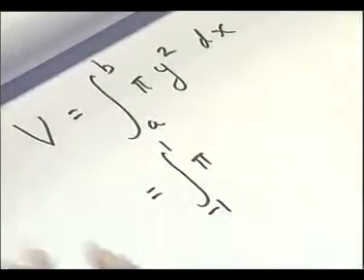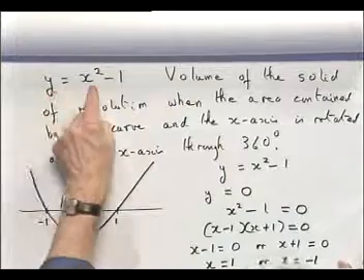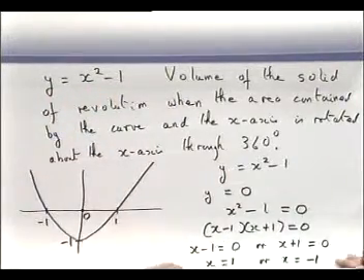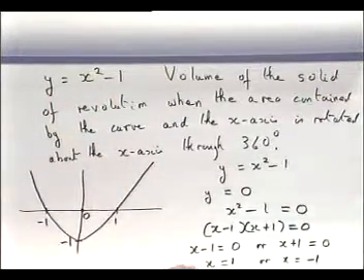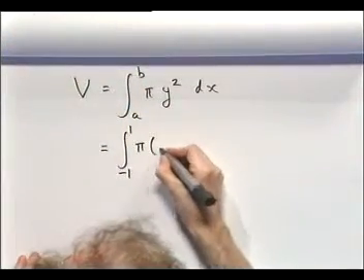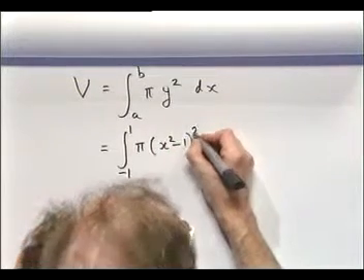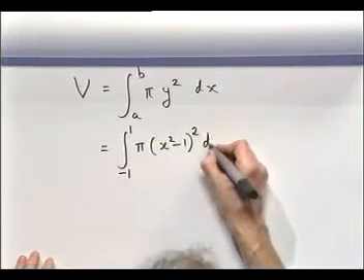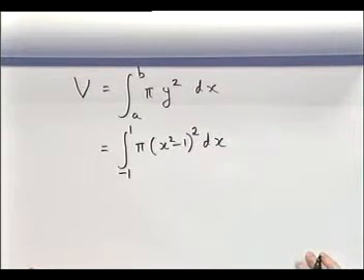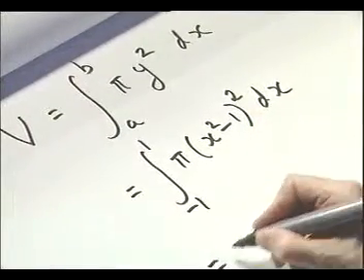Pi and y squared, well, let's just be careful here. We know that y is x squared minus 1. So we can write that in. (x squared minus 1), and we remember to square it. Integrated with respect to x. Now we've got to square out this bracket. We've got to multiply it out.